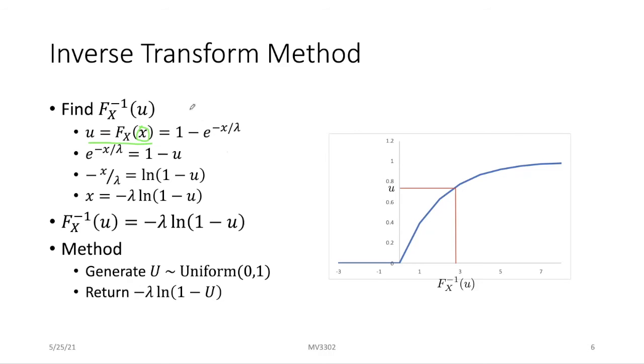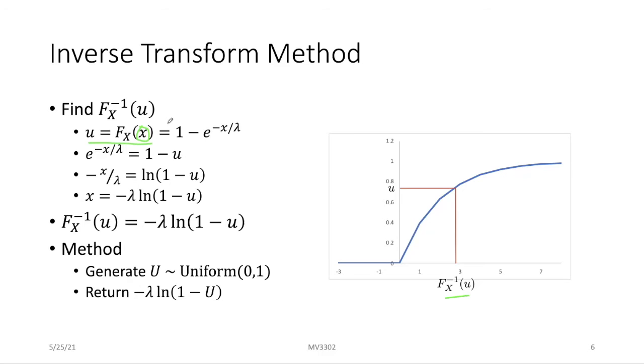Okay, so for our u values, this is how it would look graphically. We would pick a u, go over until we hit the function, drop down, and then that gives us our inverse. So that's what we're doing algebraically here. We're setting u equal to the function and then trying to unravel it.